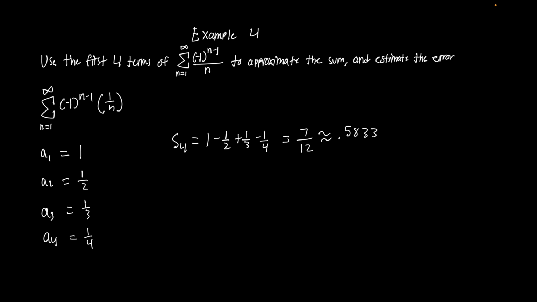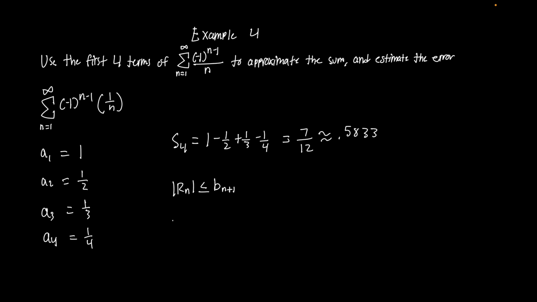Now we want to estimate the error. In the theorem, it said the error is always going to be less than or equal to the next term, right? So the error is less than or equal to b sub n plus 1. Here we know that when n was 4, we got 1/4, right? So when n equals 5, we're going to get 1/5.